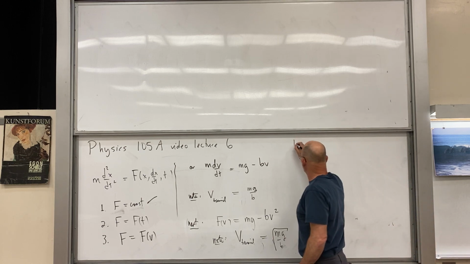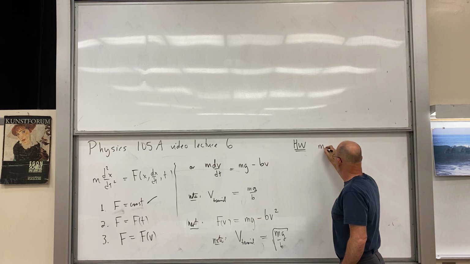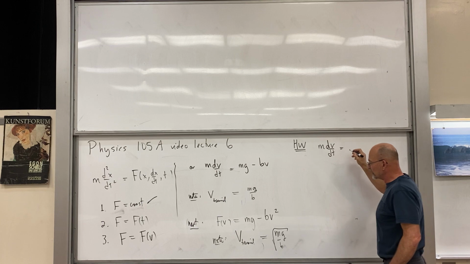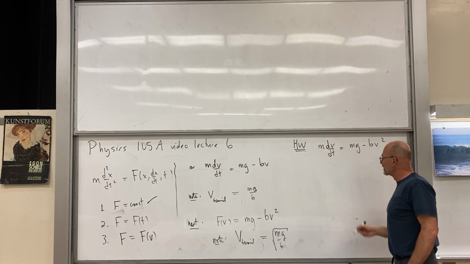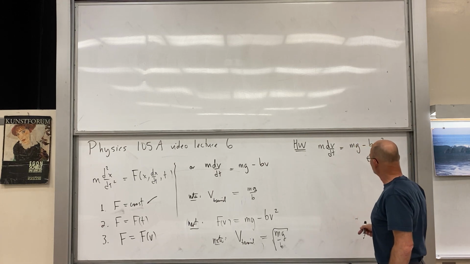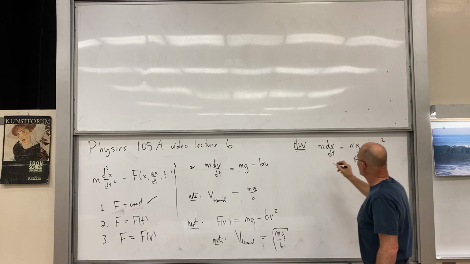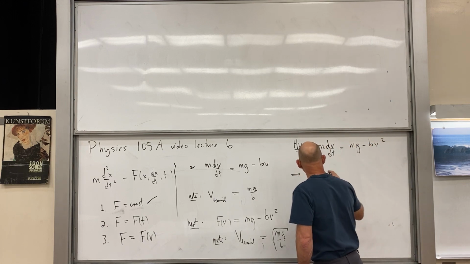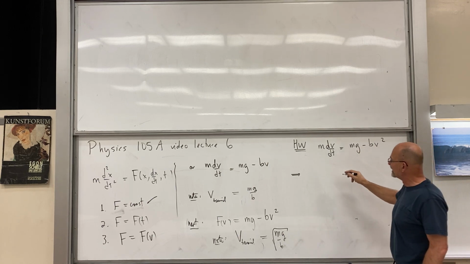So homework, we're going to have m dv/dt is equal to mg minus bv squared. It's as though we had the positive direction down, the way we talked about last time. So that's fine. I'm going to give you a hint here: the way we're going to solve this is not for the time, but for the position dependence.